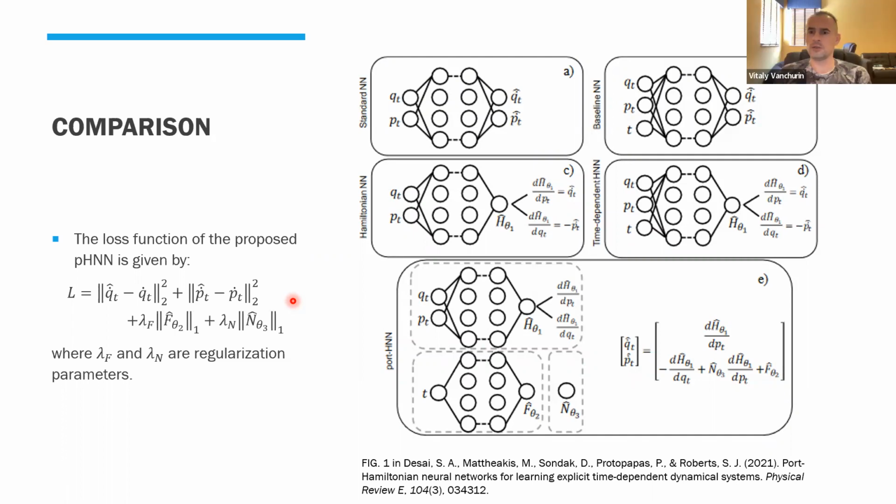Expression. So, yeah. But hold on, then I don't understand, right? In the very beginning, you drew this neural network where you had P and Q as input, and the output was H of P and Q. Then you take this H of P and Q, you differentiate it, and you get what Q dot and P dot should be. That's what they would call the Hamiltonian neural network.